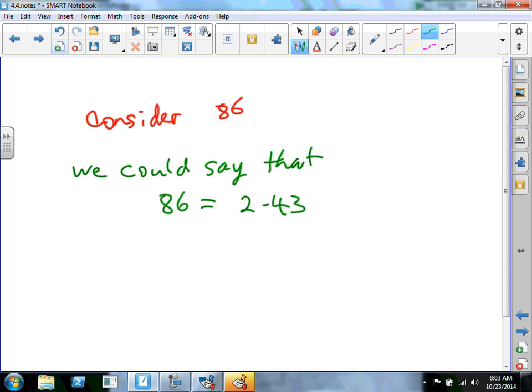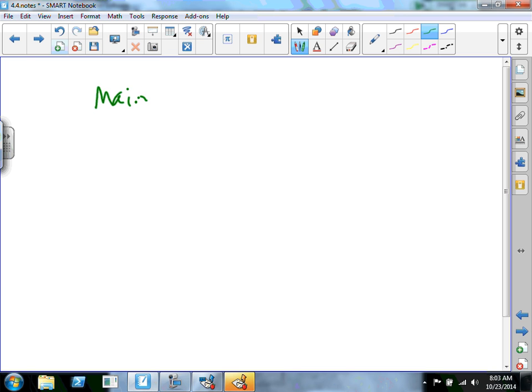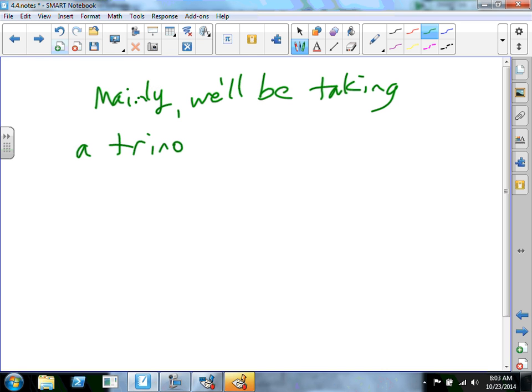All right. So mainly, we'll be taking a trinomial. Now, if you don't know what a trinomial is, well, it's kind of messed up. The book puts the cart before the horse. Trinomials are polynomials. We don't study polynomials until the next chapter. But a trinomial is just a polynomial with 3 terms. And in fact, usually we're going to be taking quadratic trinomials.